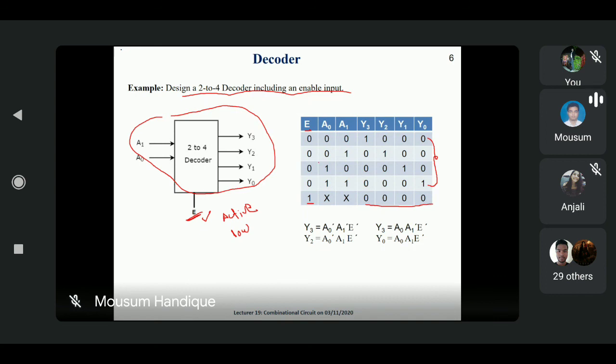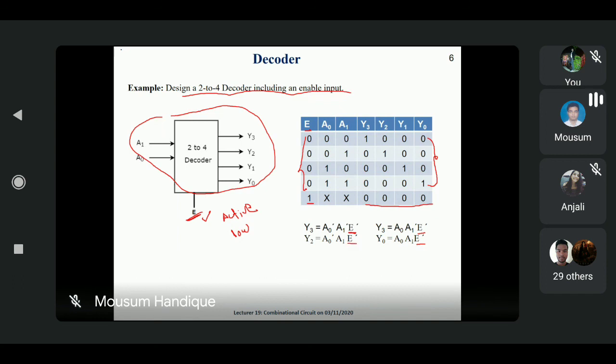For that purpose, because up to this point the decoder is active, I am using an extra input line, E bar.